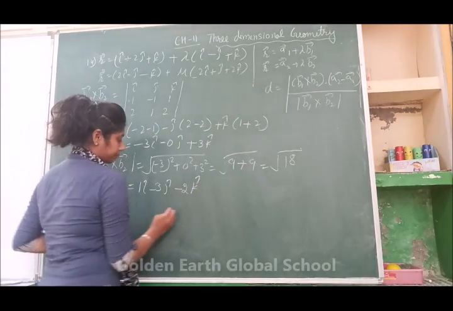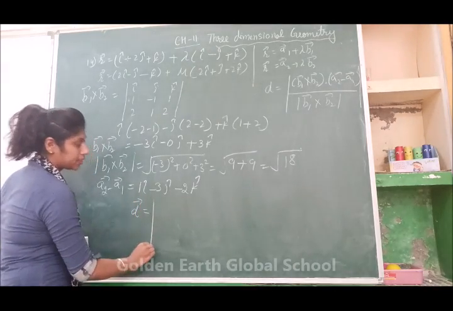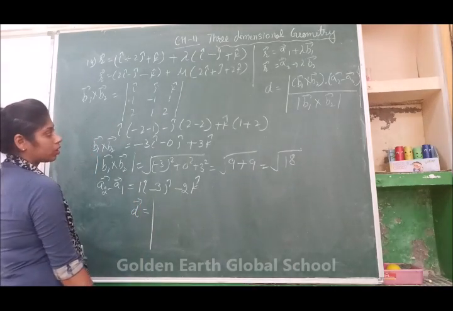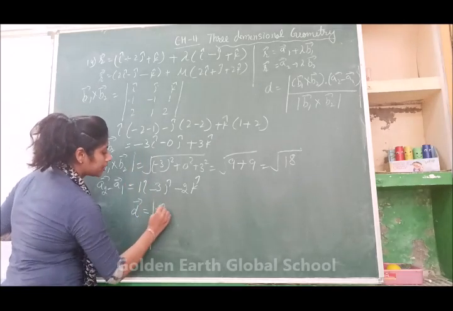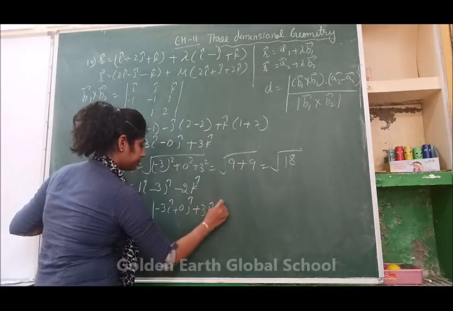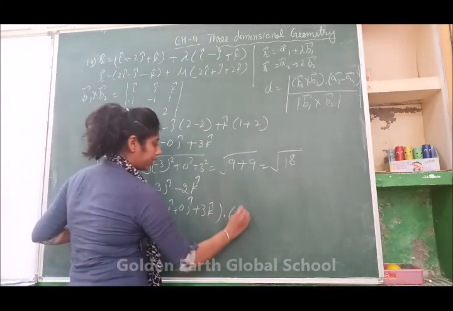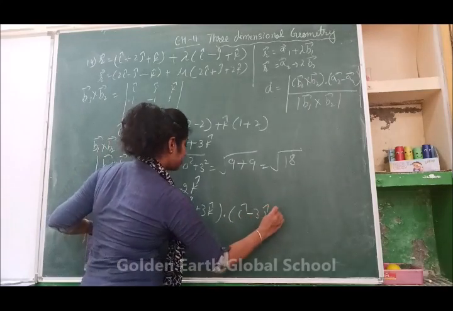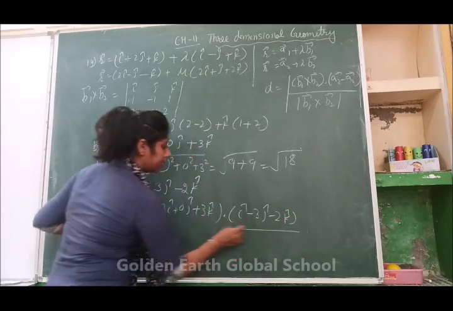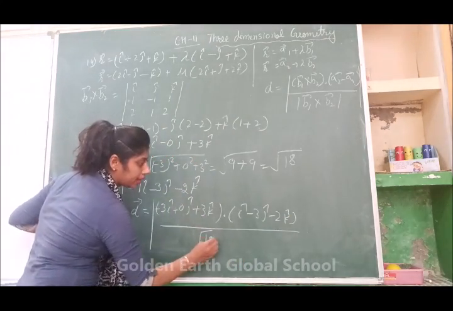D. So, first we take the modulus. b1 cross b2 is this: minus 3i plus 0j plus 3k, dot a2 minus a1, 1i minus 3j minus 2k. In the denominator, the magnitude. The magnitude is root 18.